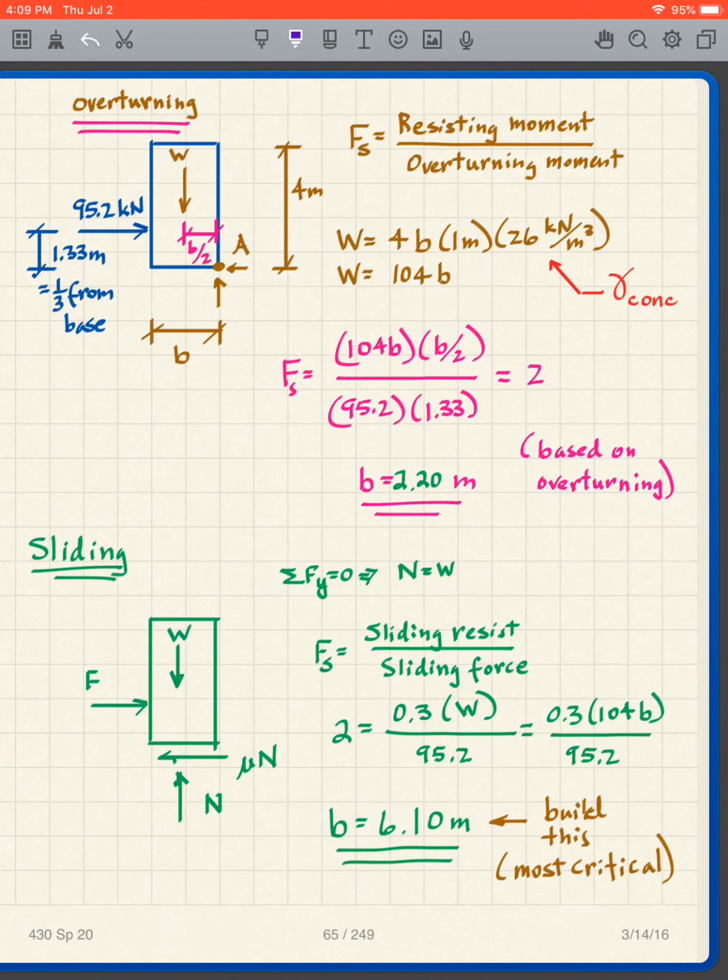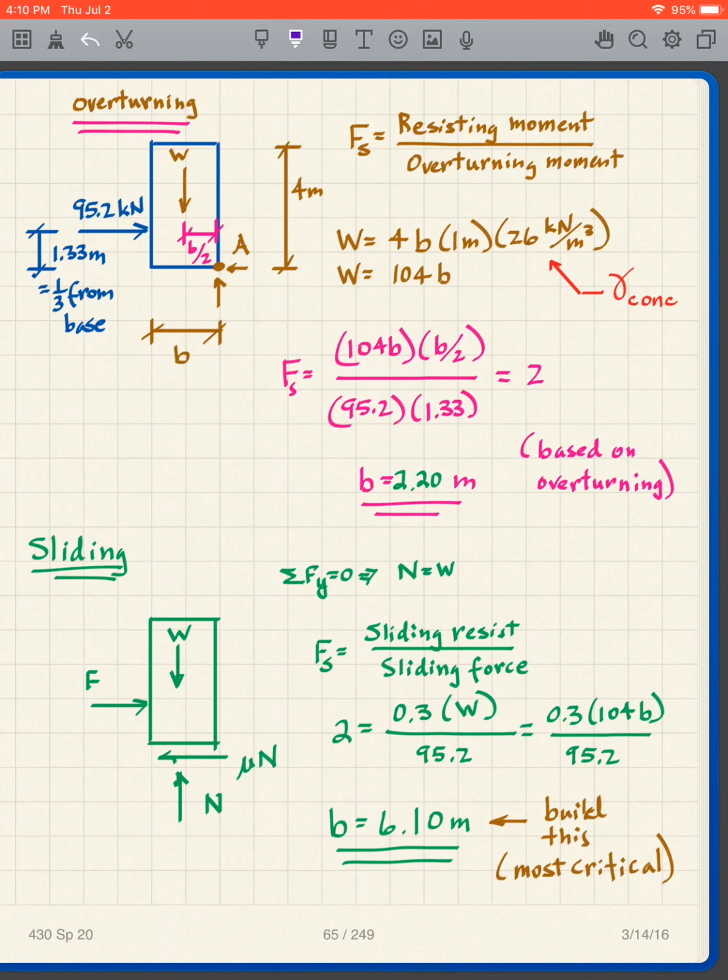Now, my W, I don't know what the W is yet. I'm going to call this width B. So my weight is what? It's going to be the volume of this concrete times the density of concrete. And again, I'm taking 1 meter perpendicular to the paper.